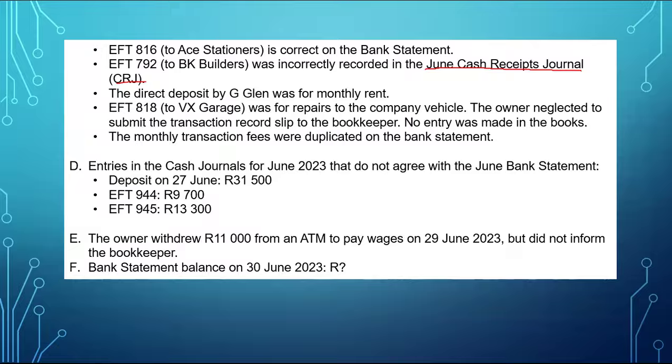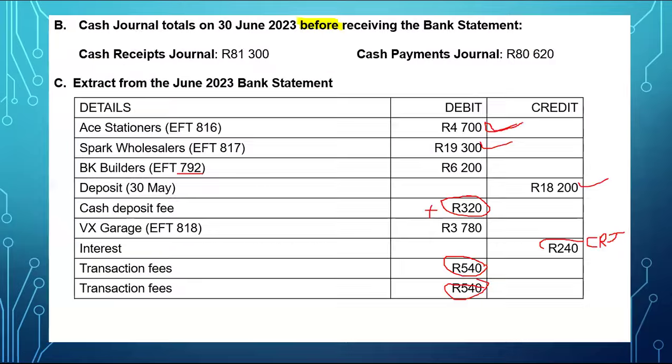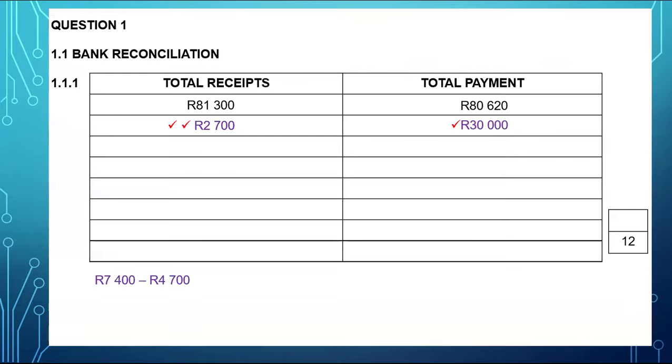Let me see the value of this EFT payment. And it should be on the debit side. It is 6,200. So at the moment, that 6,200, it's sitting in the CRJ, right? It's here. So we need to first cancel it and then record it in the CPJ.